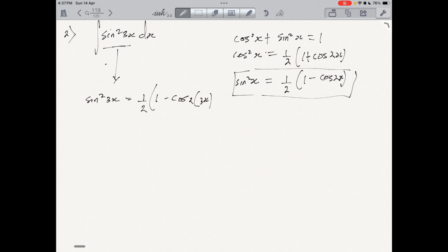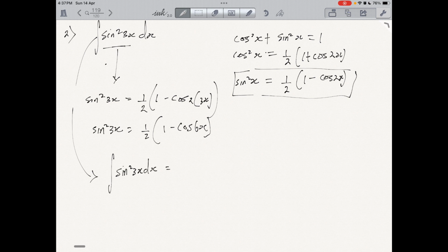So this will be 1 over 2 into 1 minus cos 6x. Therefore, we can rewrite this question to give us the integral of sine square 3x dx to be equal to the integral of 1 over 2 into 1 minus cos 6x dx.